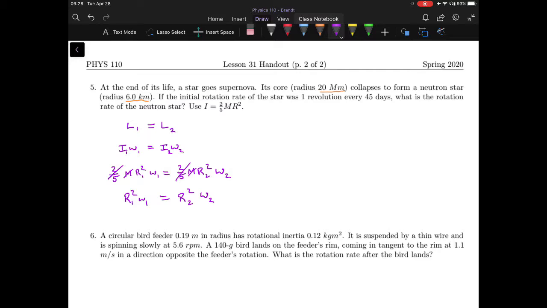So we need to convert our omega 1 from revolutions.